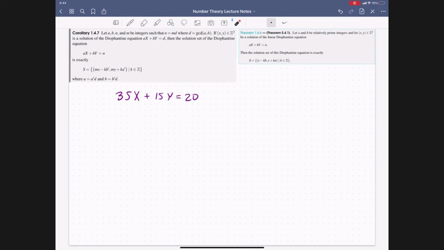So let's see what all these symbols mean. We're looking at the Diophantine equation ax plus by equals n. In our case, we're going to be looking at the same Diophantine equation we just saw, 35x plus 15y equals 20. So we're going to look at the GCD of a and b. We know that this here is 35 and 15, so that's going to equal 5.